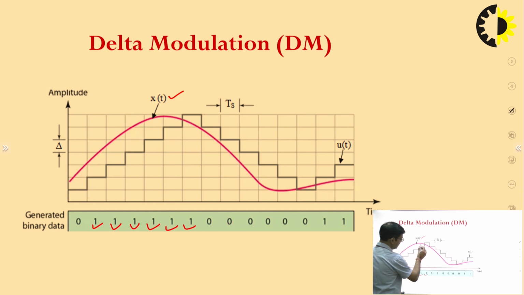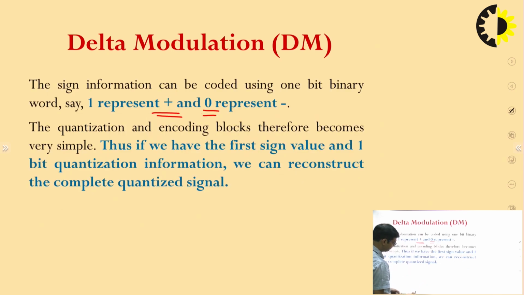Now, during the time when our message signal is decreasing in amplitude, we can safely say that each next sample will be smaller than the previous value by an amount minus delta.